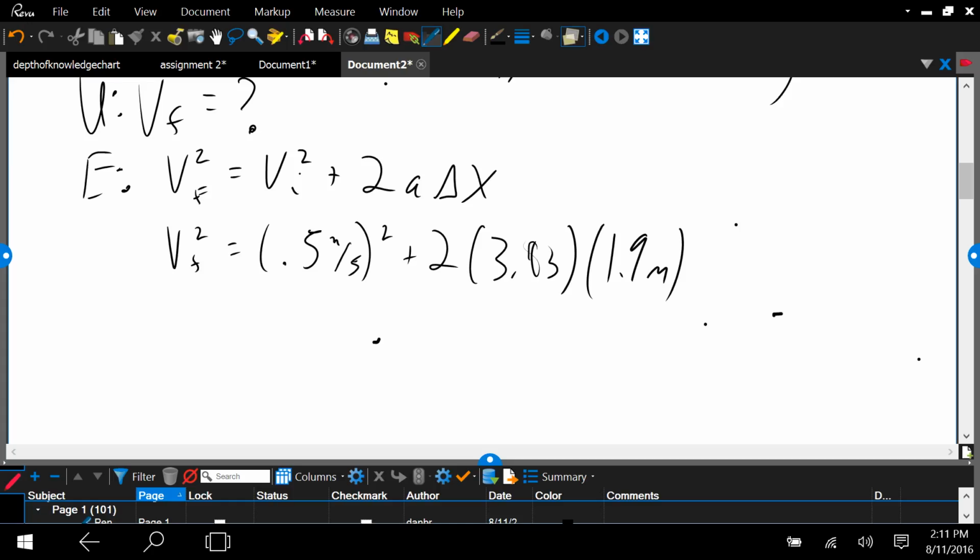It is parallel to my math, right? And then I calculated here for the final velocity, 3.85 rounding meters per second. Okay, don't forget to take the square root once you get all these numbers multiplied and added together to find that final velocity, because it is squared right up here in the formula.